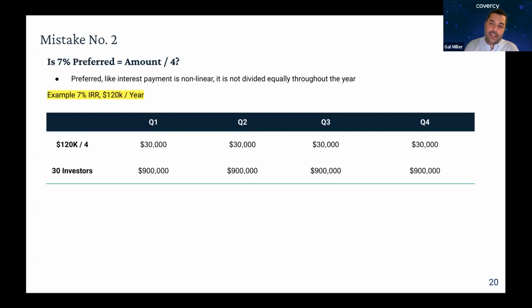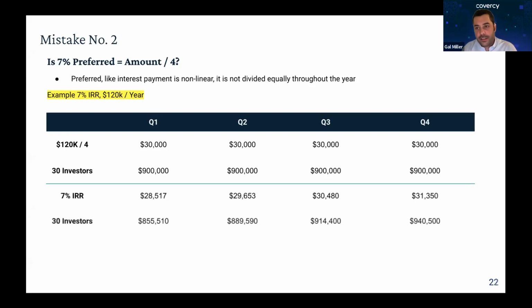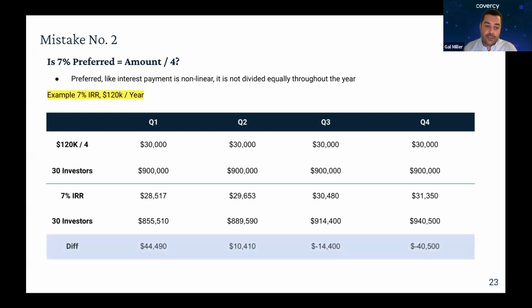But if we look at an actual 7% preferred calculation, then it looks different. You pay less in the beginning of the year, and then the payment goes higher towards the end of the year. So you pay an additional, in this example, $50,000 in the first half of the year that you didn't need to pay until the second half, and most of it until Q4.